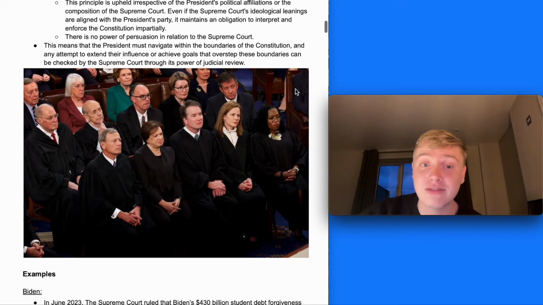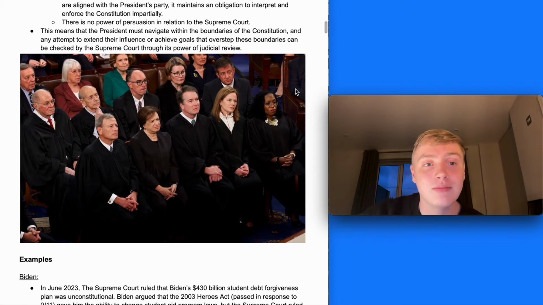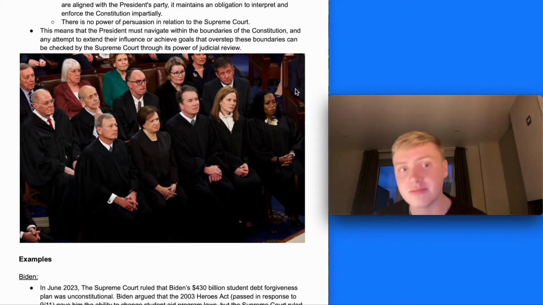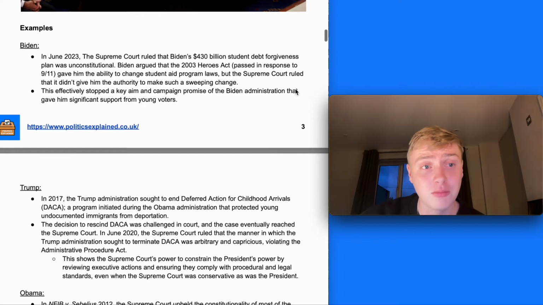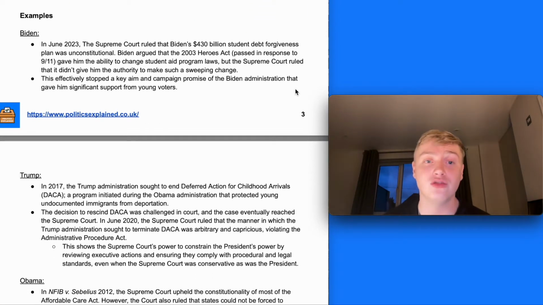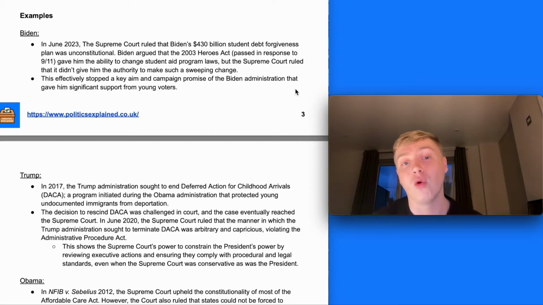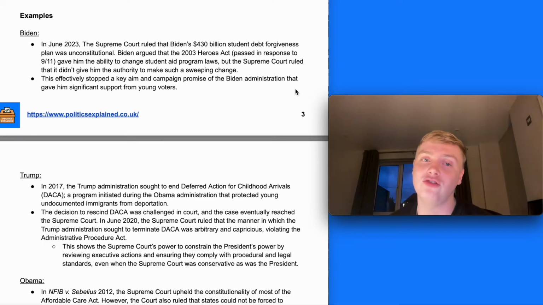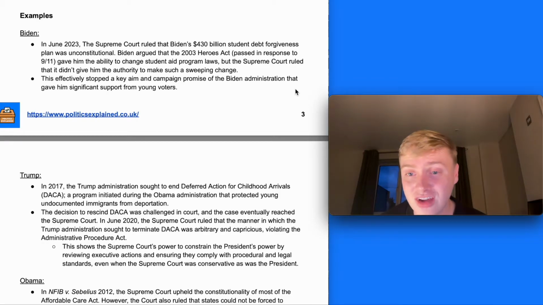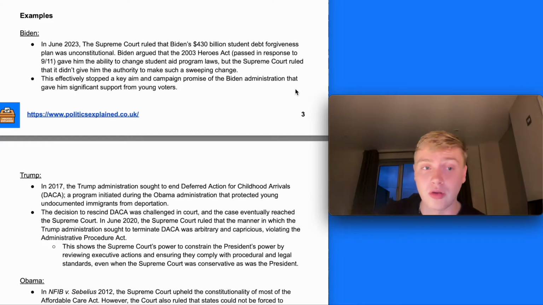This means that the president must navigate within the boundaries of the Constitution, and any attempt to extend their influence or achieve their goals that overstep these boundaries can be checked by the Supreme Court through its power of judicial review. In terms of Biden, a key example of this was in June 2023, when the court ruled that Biden's £430 billion student debt forgiveness program was unconstitutional, as Biden had argued that the HEROES Act in 2003, which was passed in response to 9/11, gave him the ability to change student aid program laws, but the Supreme Court ruled that it didn't give him the authority to make such a sweeping change, and it was effectively emergency legislation in relation to the response to 9/11.